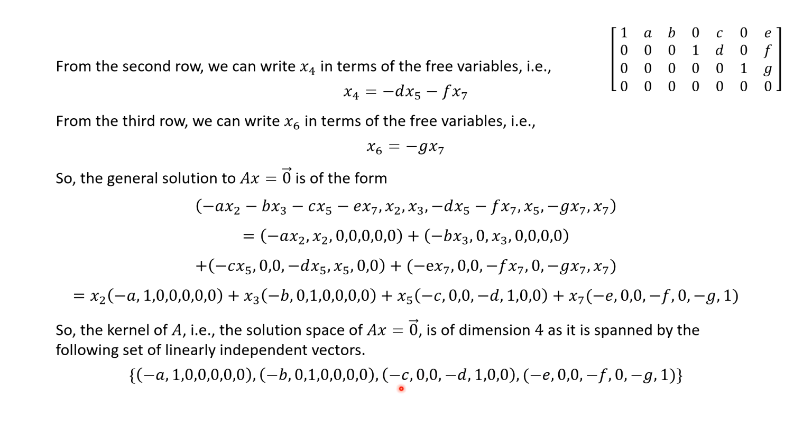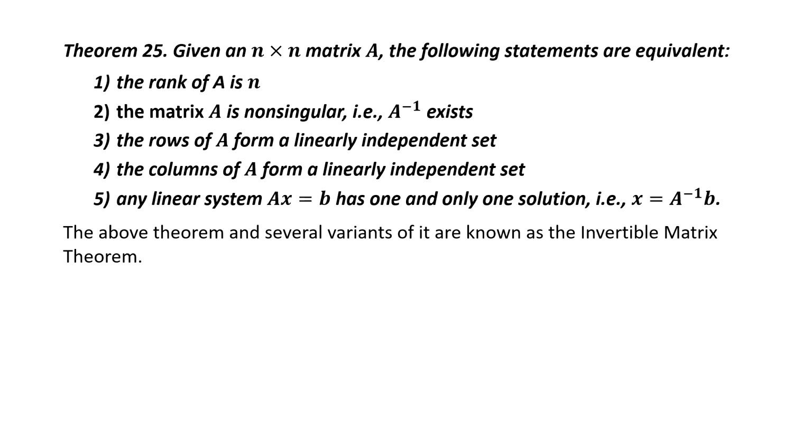We have one more theorem that kind of summarizes what we've done in this section, and I'll get to that on the next slide. We finish this lesson with a theorem that summarizes some of the results that we've talked about. So we're given an n by n square matrix A. The following statements are equivalent. The rank of A is n.